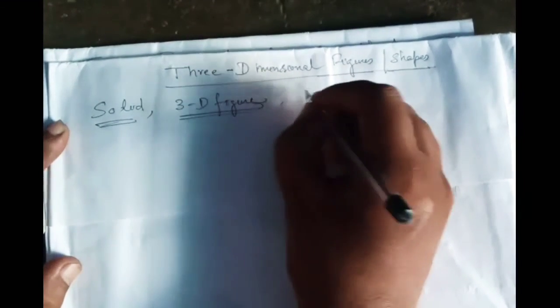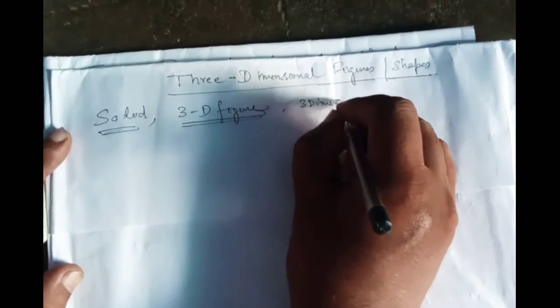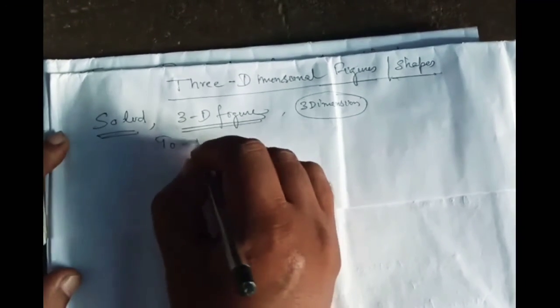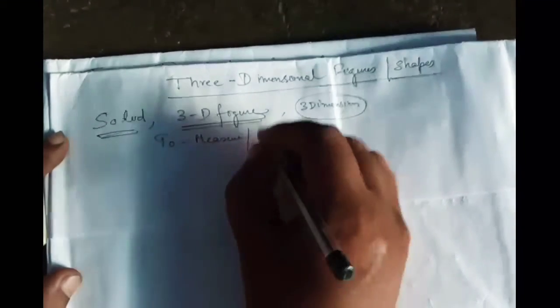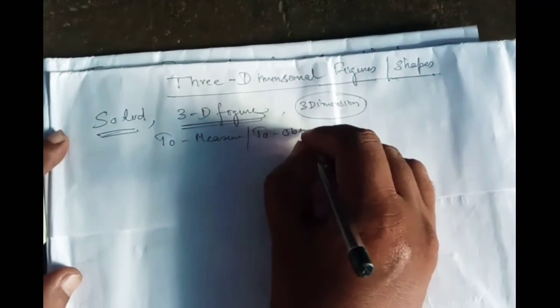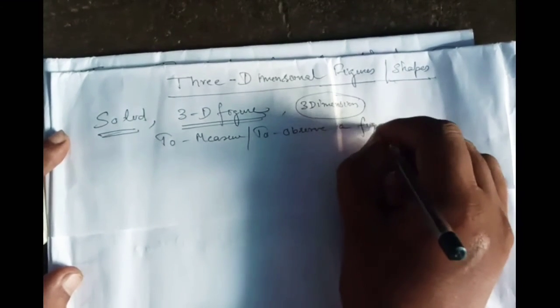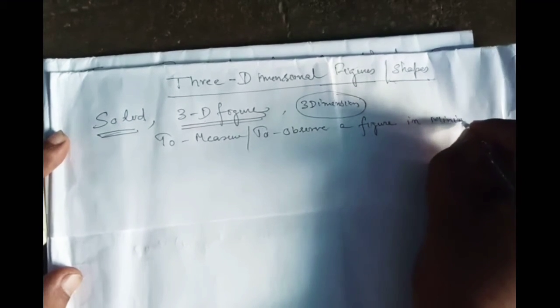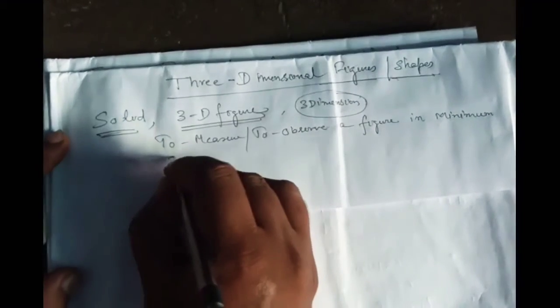Now three dimension means to measure or to observe a figure in minimum three ways.